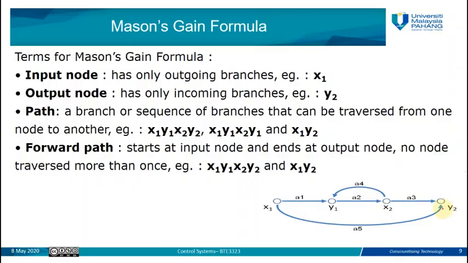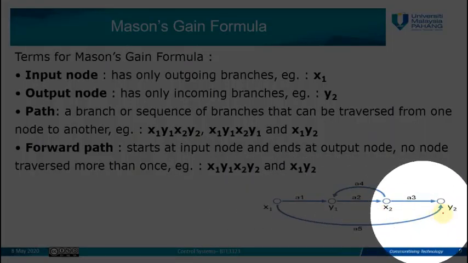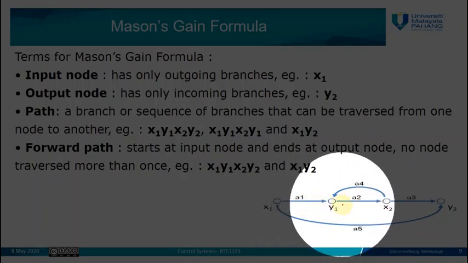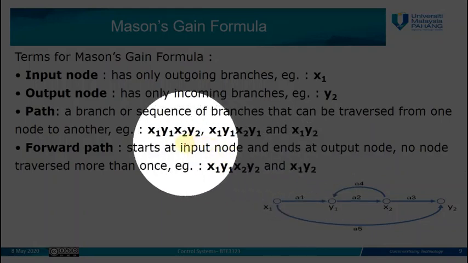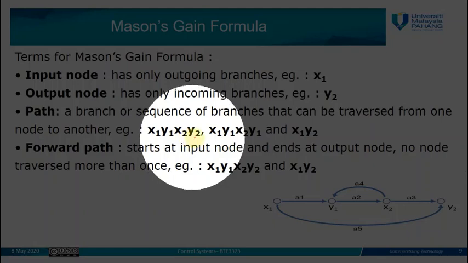We have also a path. A path is a sequence of branches from one node to another node to show the direction of the signal. So for example here, the path between X1 and Y2 goes through Y1, X2, Y2. So the first path in this signal flow graph is X1, Y1, X2, Y2.